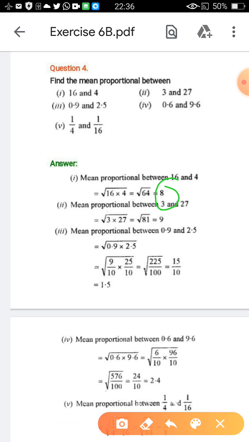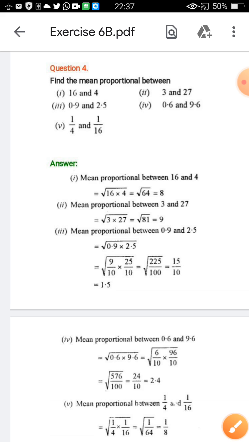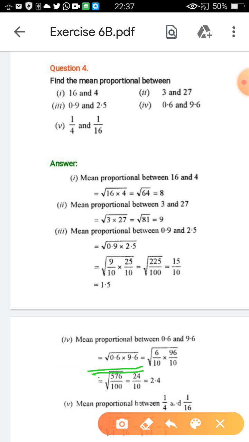Then see another one, mean proportional between 0.6 and 9.6. The mean proportional between these two numbers is equal to the square root of 0.6 multiplied by 9.6.